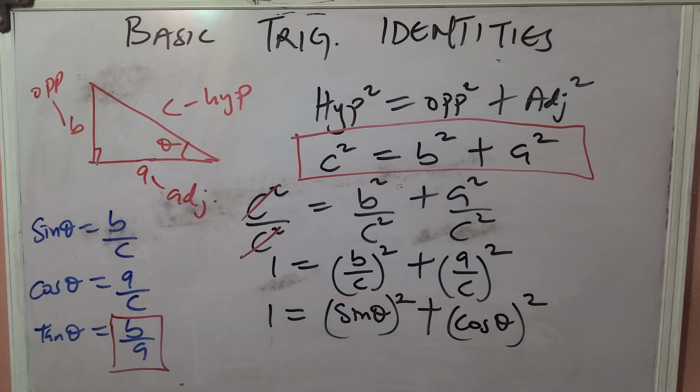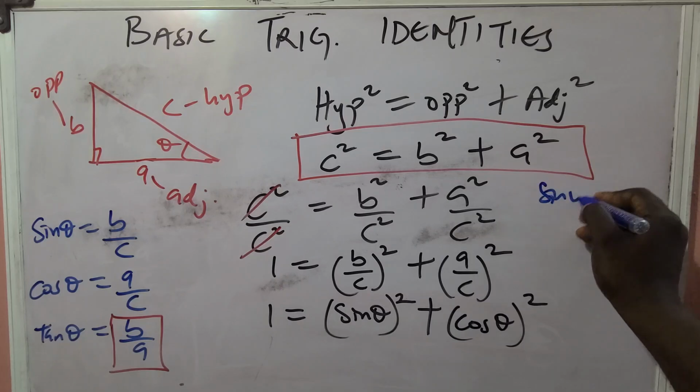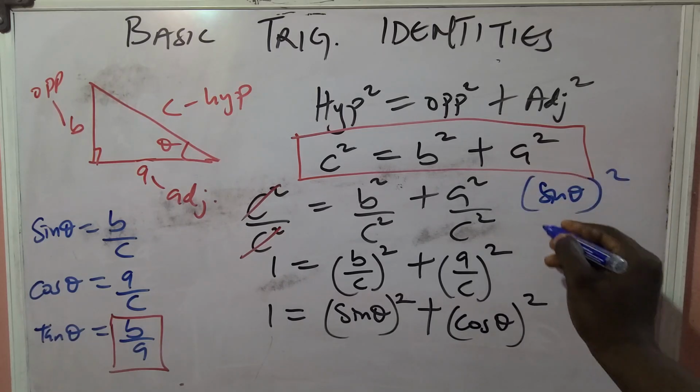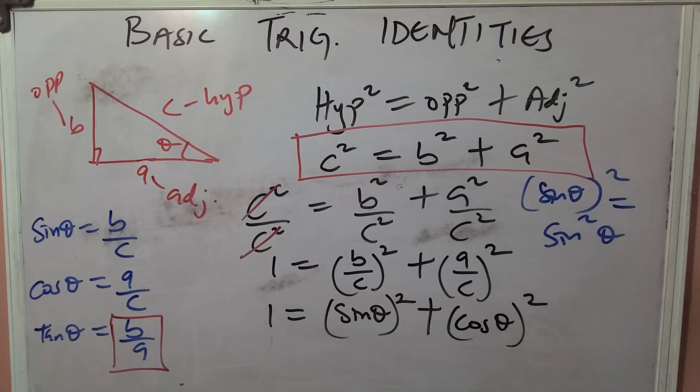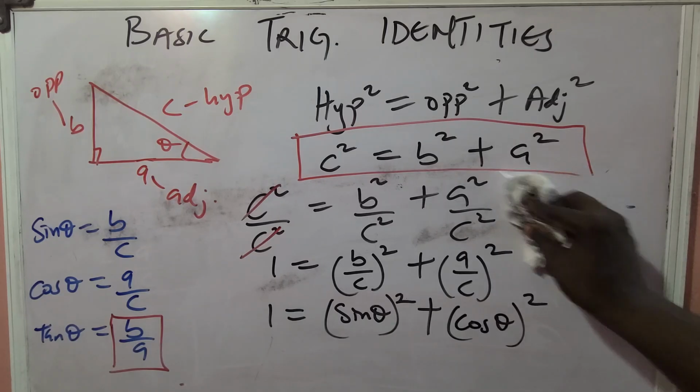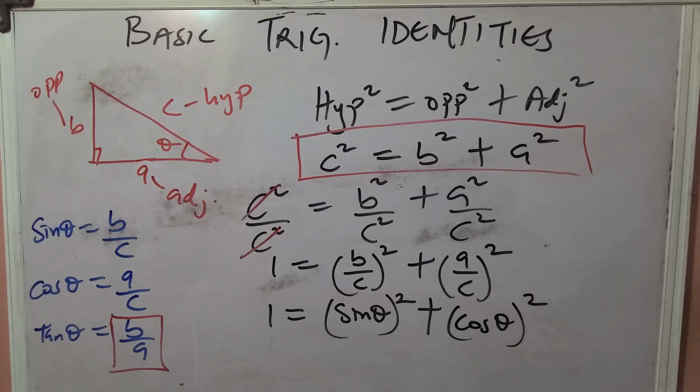Now I want you to understand that when dealing with trigonometry, sine theta all square can also be written as sine square theta. And the same goes for the other trigonometry functions. So cos theta all square will be cos square theta.